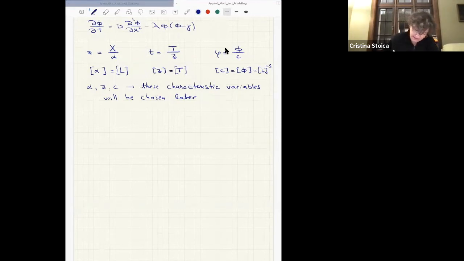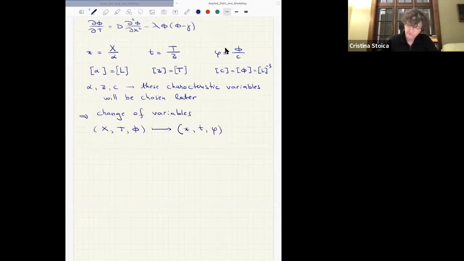So now basically what we have is a change of variables. And again, we have to deal with the chain rule and stuff like that. So we're going from x, t, and capital phi to some new variables, which are little x, little t, and little phi, via the formulas above.